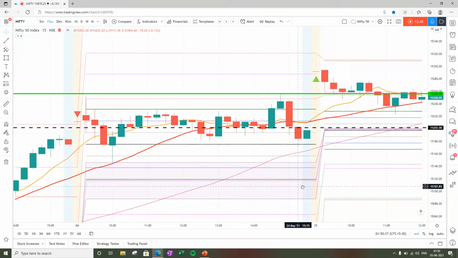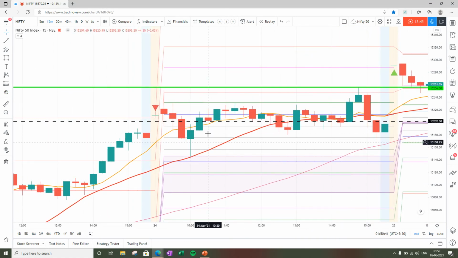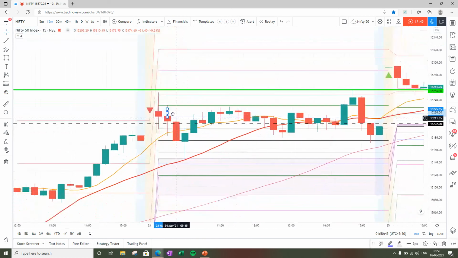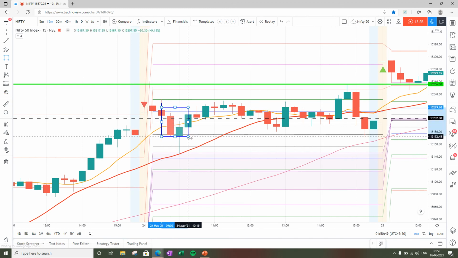And this will work on almost all time frames, not necessarily just this one. So this is also a classic example. So the trend is going down. One big candle, almost twice the size of the last two, three candles.